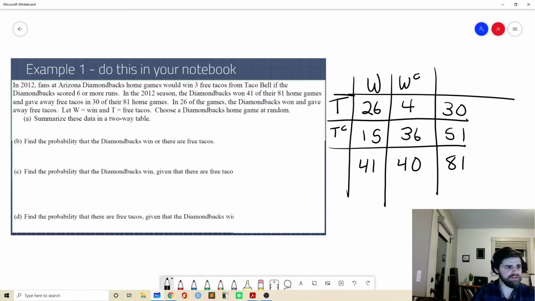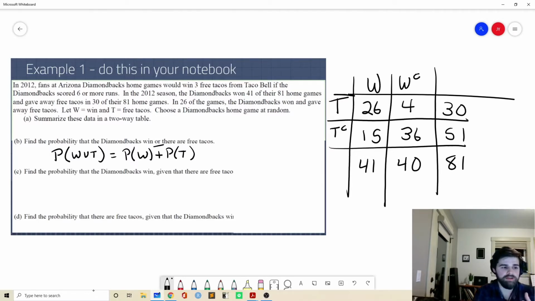All right, what's the probability that the Diamondbacks win or there are free tacos? So remember our general addition rule. Probability of win or tacos. Remember that U symbol, the union, means or. So probability of one thing or the other thing. We've got the probability of the first event plus the probability of the second event.